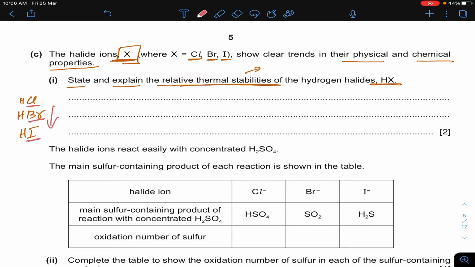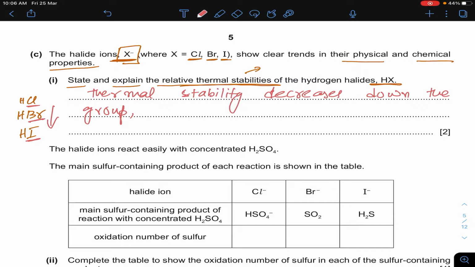So thermal stability decreases down the group. That means it becomes easier to break the hydrogen halide as we go down.